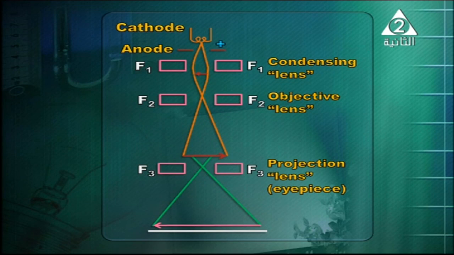And then we've got an anode. The potential difference between the anode and the cathode is so high that it accelerates the electrons to very high velocity. In this way, wavelength is decreased and high magnification is obtained.